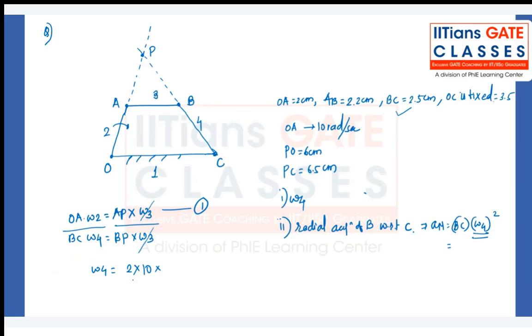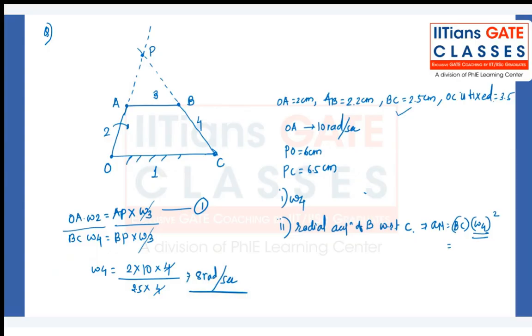Sorry, BC is 2.5. 6.5 minus 2.5 is 4, divided by BC, which is 2.5, and AP. You have OP, which is 6, and OA is 2 centimeter. So 6 minus 2 is again 4. The 2 gets cancelled. So I'll get it as 8 radian per second.